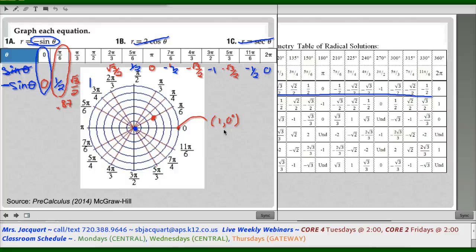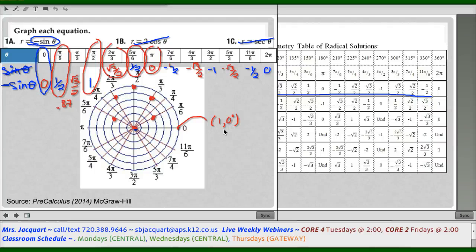It's about here. And then pi/2 and 1. And then the other side's going to follow. And then, so now we're at pi to 0, we're back where we started.